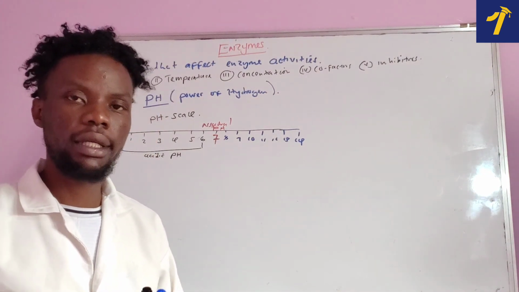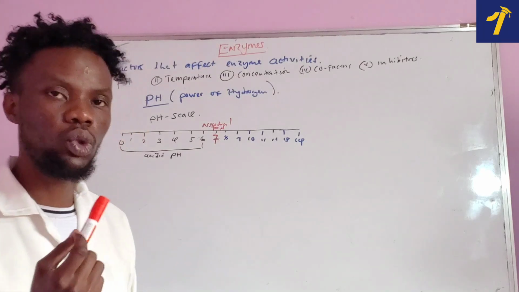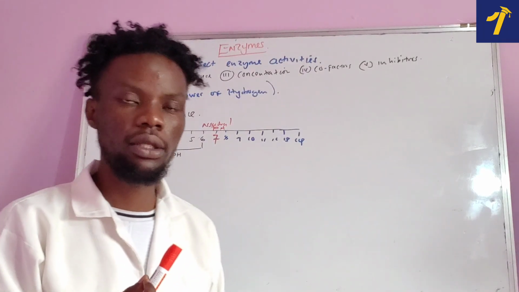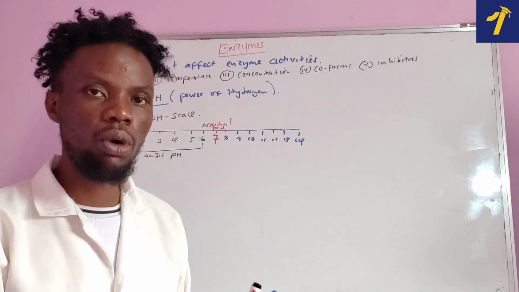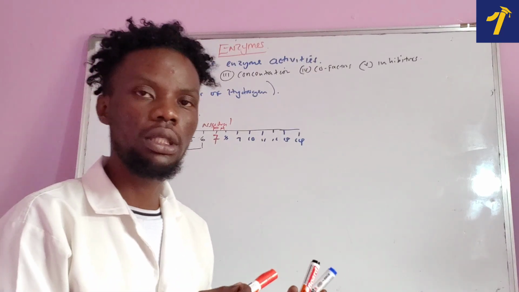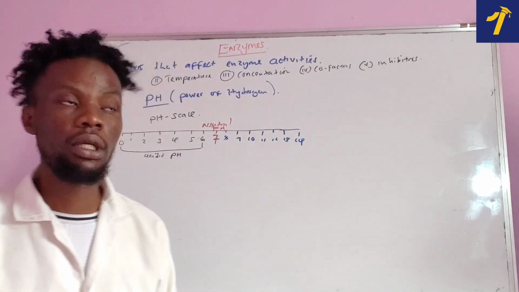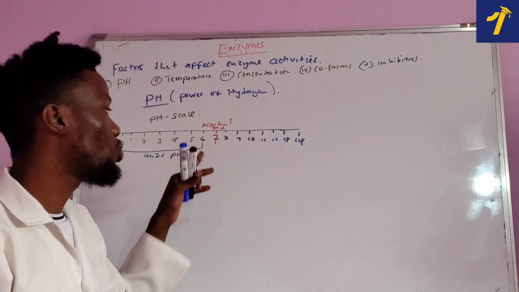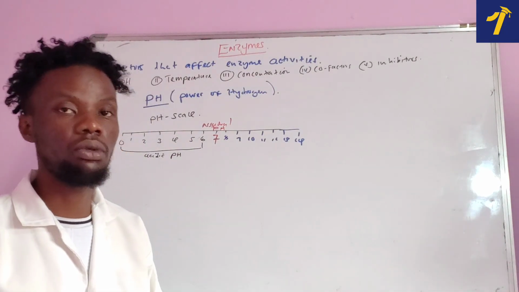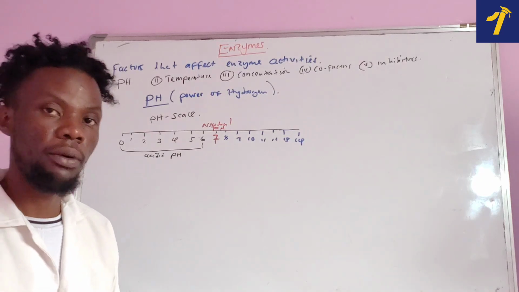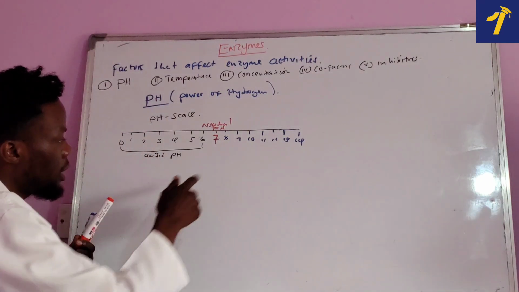A good example of a substance with a neutral pH is sodium chloride, also known as table salt. That's why we are able to put it in different layers, because it contains neutral pH. It is not dangerous to our body. Okay? Now, what about this?